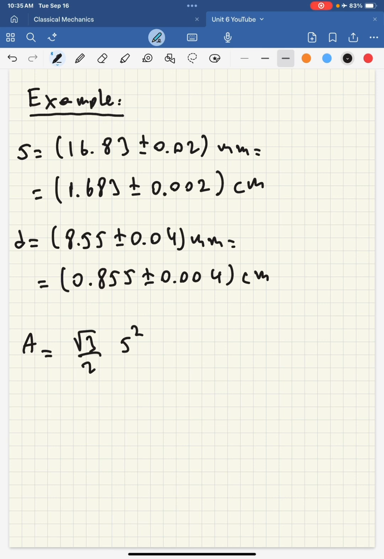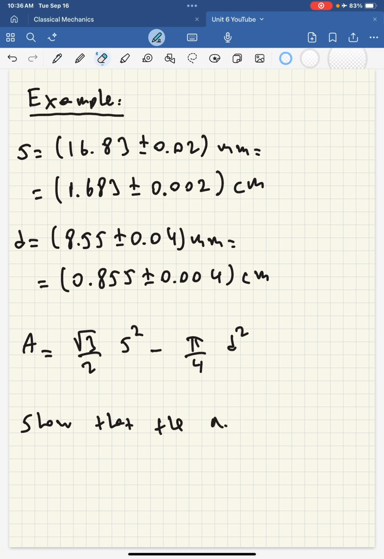So this is some area minus pi over 4 D squared. Okay, so the task is to show that the absolute uncertainty in A is 0.01 centimeters squared.